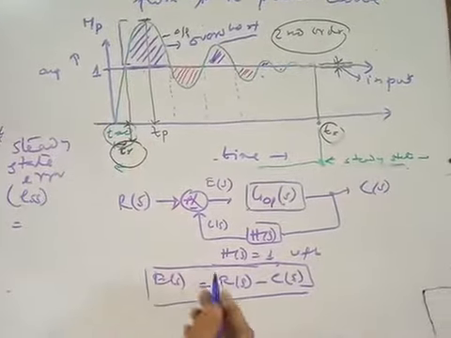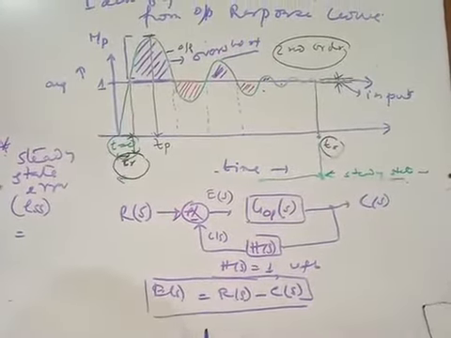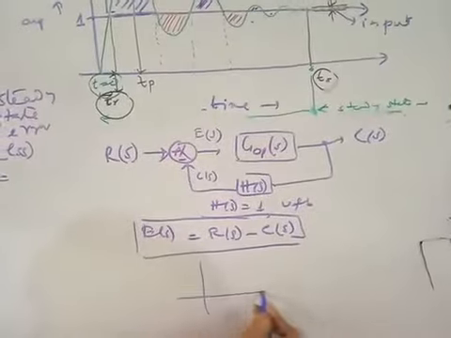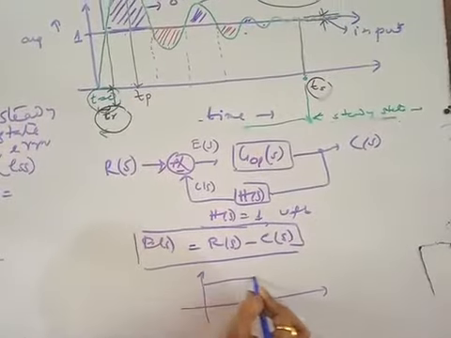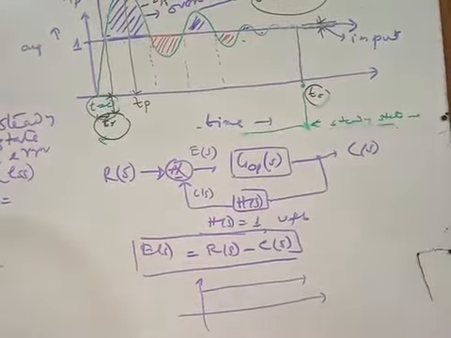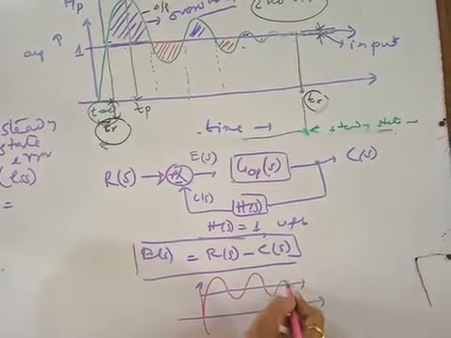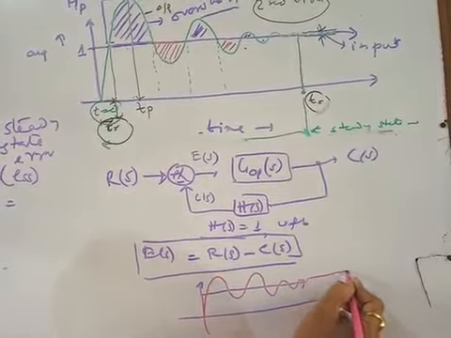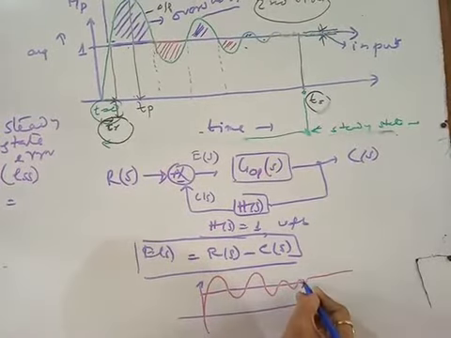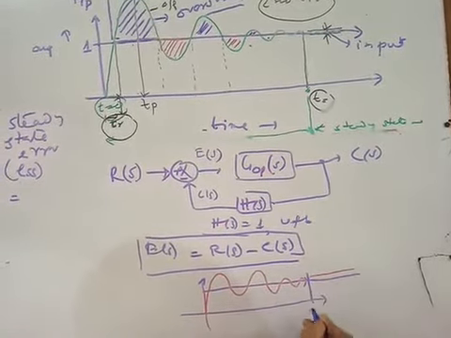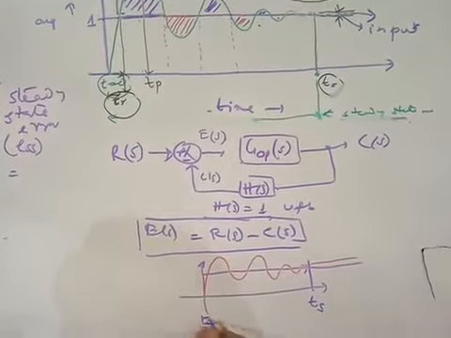If the curve is like this, say this is your input, and the curve is like this, so this is your TS, t equal to 0, right?